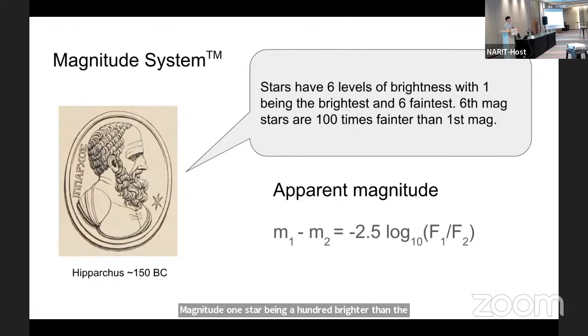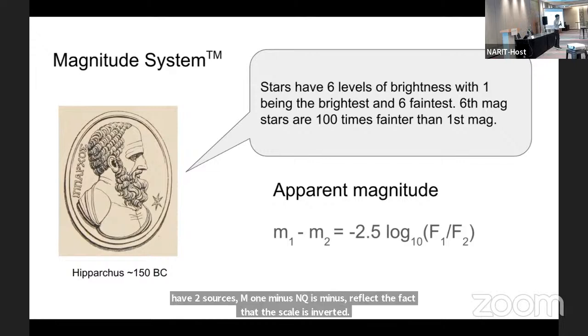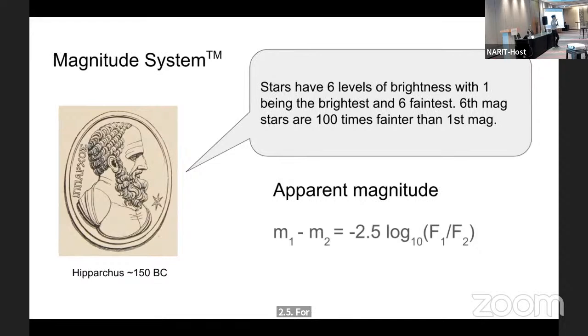You can write out an equation like this, which is that the difference between the magnitudes of two sources, M1 minus M2, is minus, this reflects the fact that the scale is inverse, 2.5 for some reason, times the logarithm base 10 of the ratio between the fluxes of the two sources.